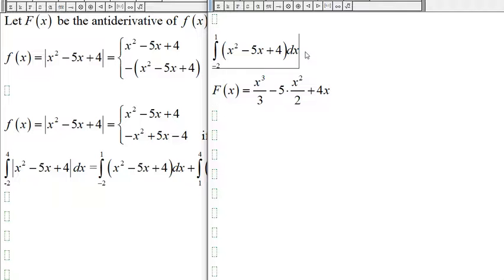And again, the fundamental theorem of calculus says that this is F of 1 minus F of -2.